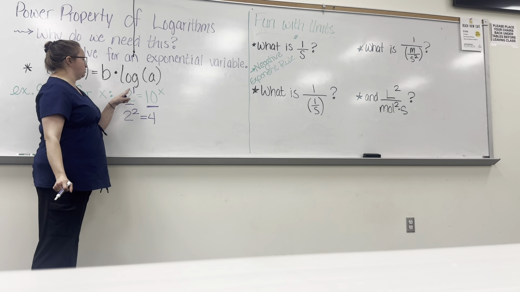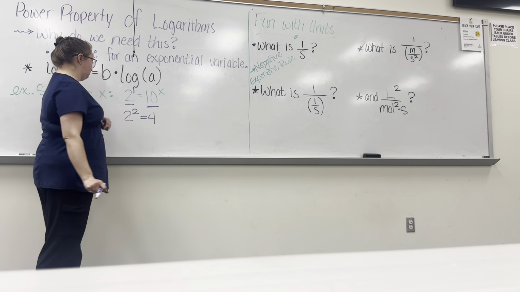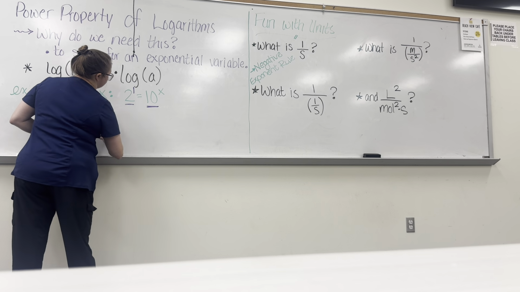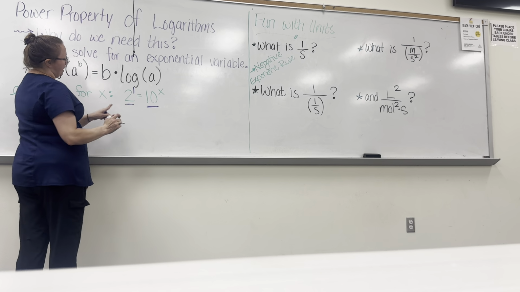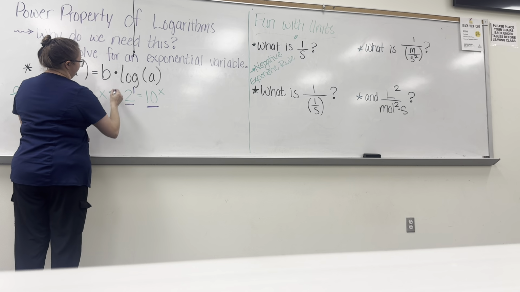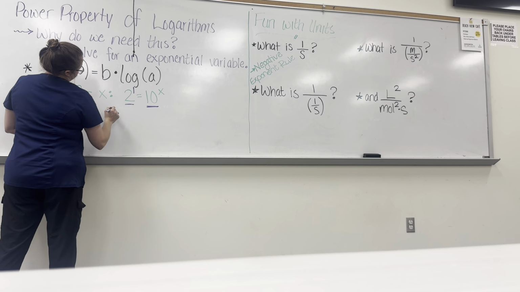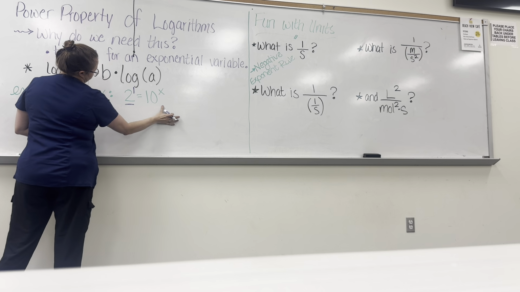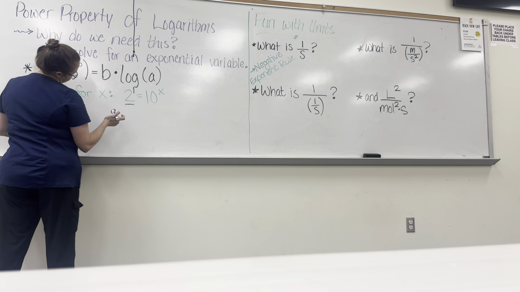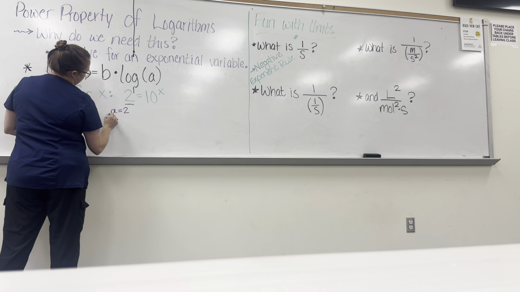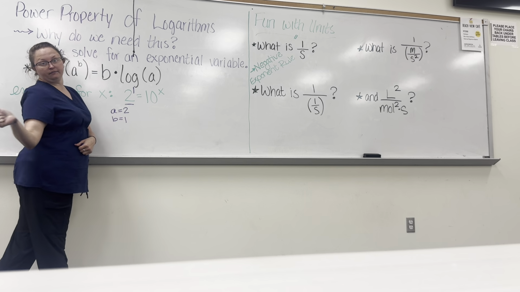So it is 2 to the power of 1. Looking at this value now, over on the left, 2 is going to be your A. Let's use purple over here. A is going to be your 2, and B is going to be 1.